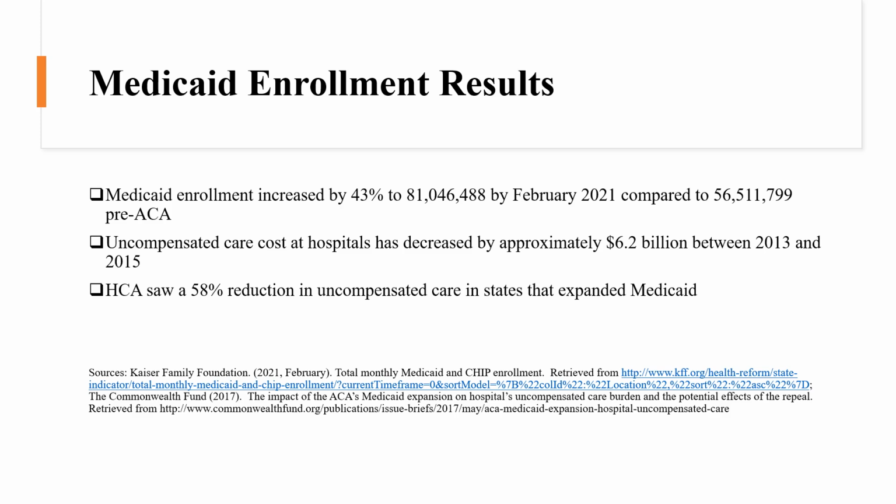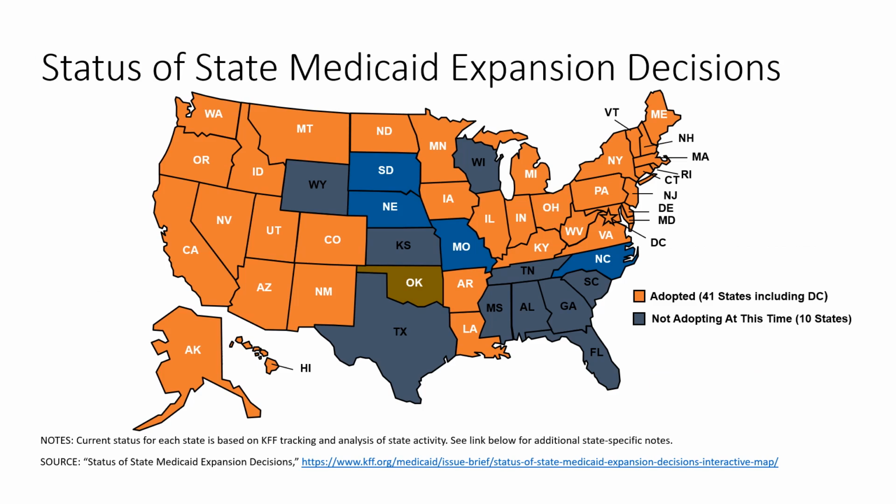And HCA, as I pointed out before, is the largest provider of hospital services in the United States outside of the Veterans Administration system. You've seen this slide before, the current status of Medicaid expansion decisions: we still have 10 states. And again, you can see where they are primarily located.